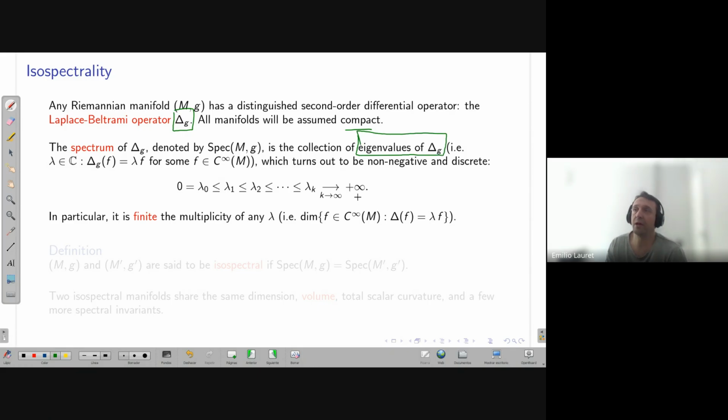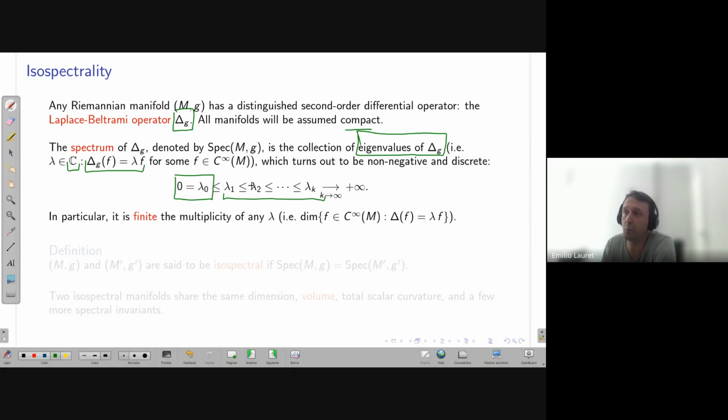It turns out, because the Laplacian is self-adjoint and has more properties, that the eigenvalues are real, in fact non-negative. The zero is always there because the constant functions are eigenfunctions for the eigenvalue zero. And the rest are numbers that increase.